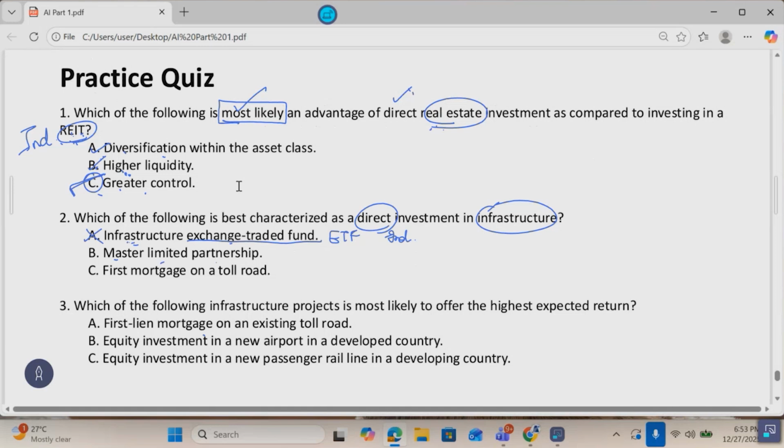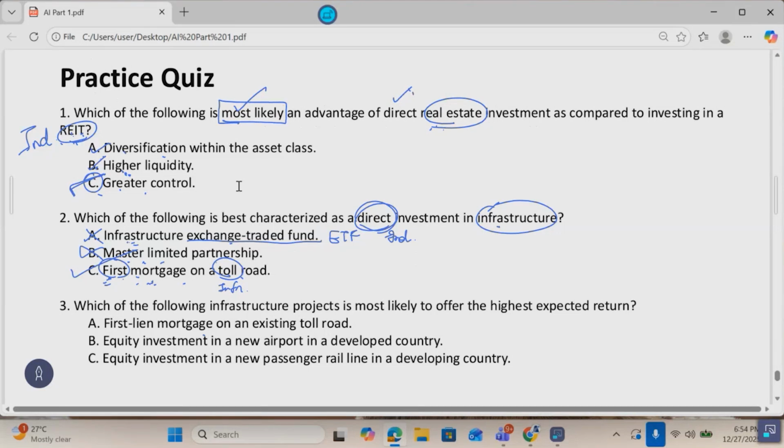It looks similar, but is there any infrastructure word out here? Is it infrastructure? Not at all. First mortgage toll road. Toll means infrastructure. First mortgage. You took the first mortgage, meaning you gave the loan. The loan is a mortgage that you have secured. Direct and infrastructure. So the answer is C. Clear? Please learn how to attempt the questions. You should know how to eliminate. Very important.